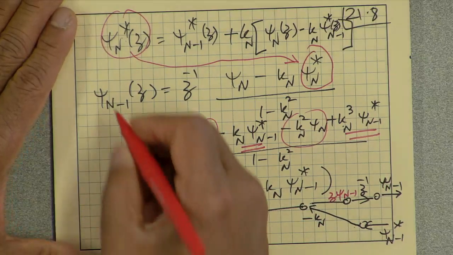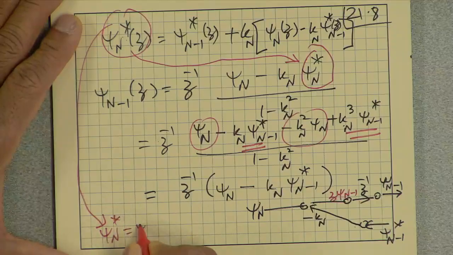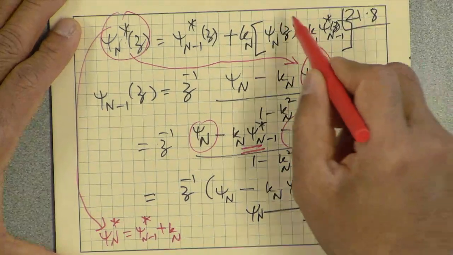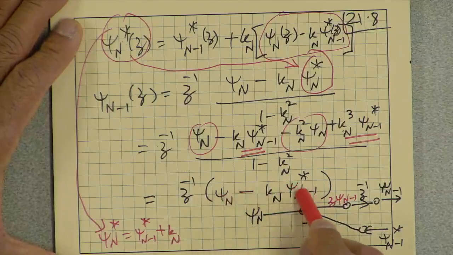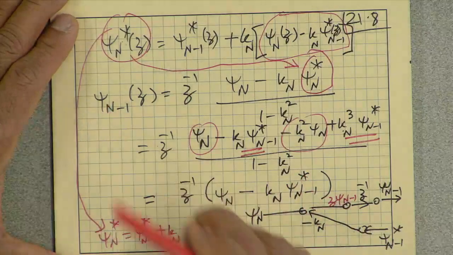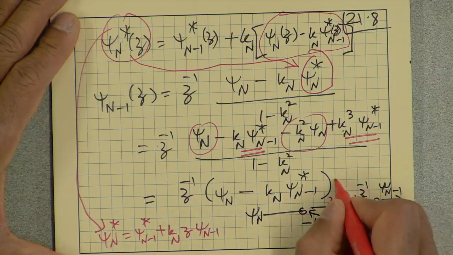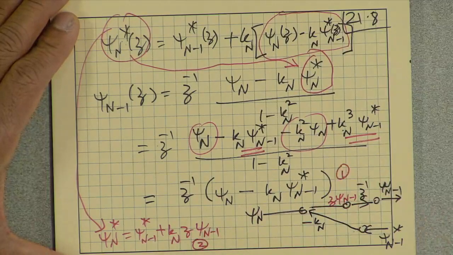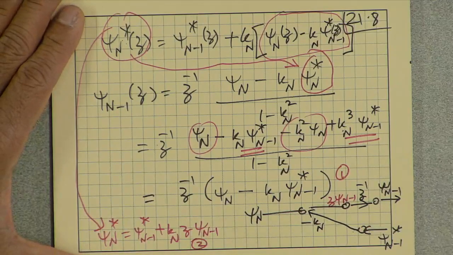Psi n star is equal to psi n minus 1 star plus kn times this quantity, which is psi n minus kn psi n minus 1 star. So let's bring this to the other side. This is equation 1 and that's equation 2. Those are the two equations I need to define that black box, and we are done.